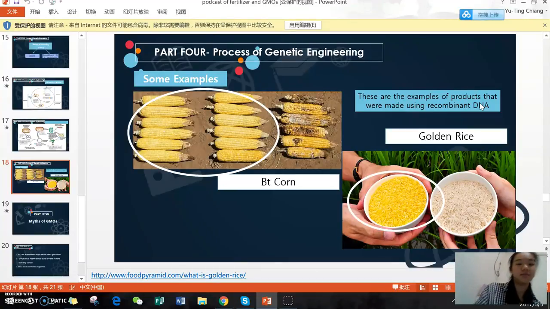Golden rice. Golden rice is a form of rice which has biosynthesis of beta-carotene, a form of vitamin A, and scientists created this golden rice to solve the problem of vitamin A deficiency, mainly associated with Africa.